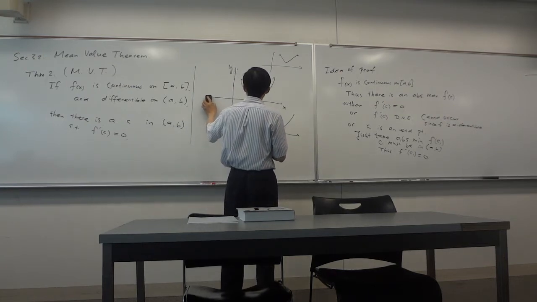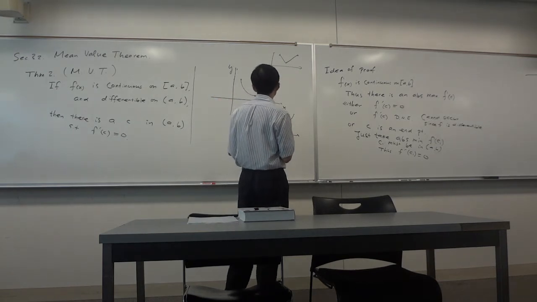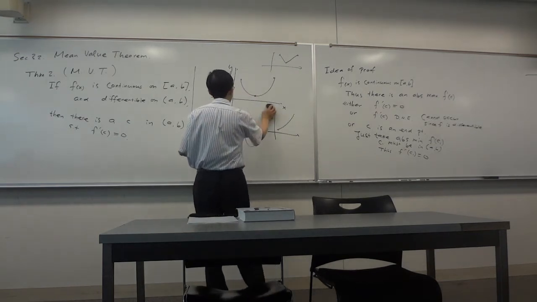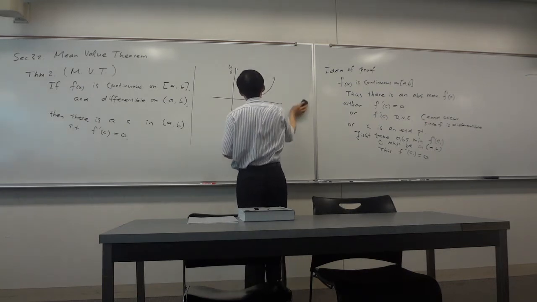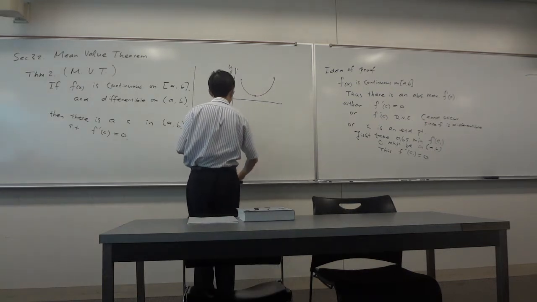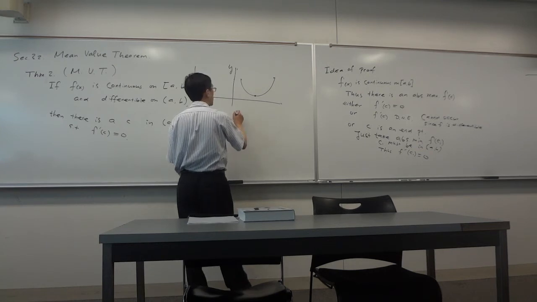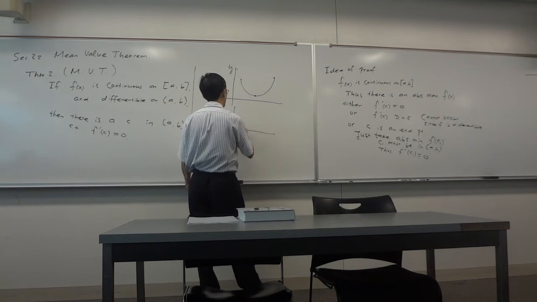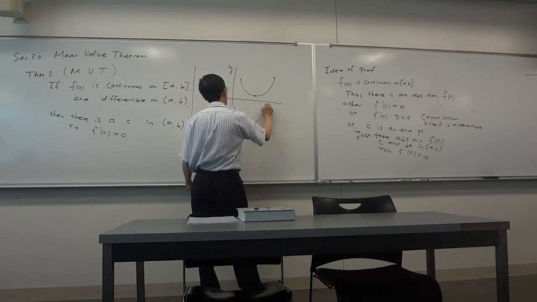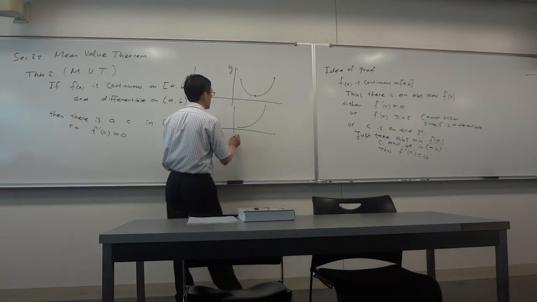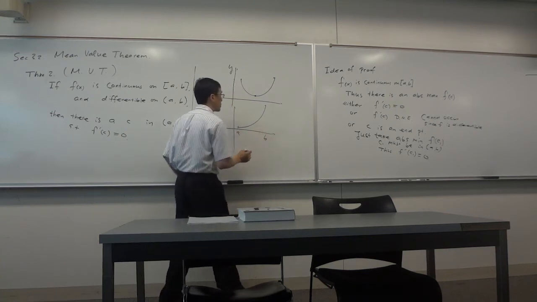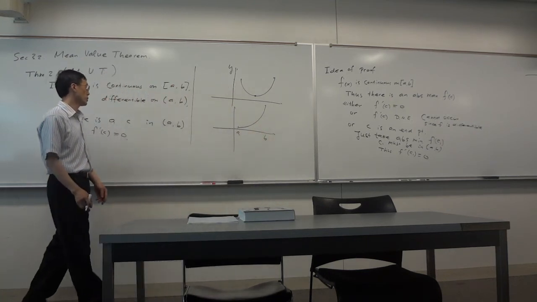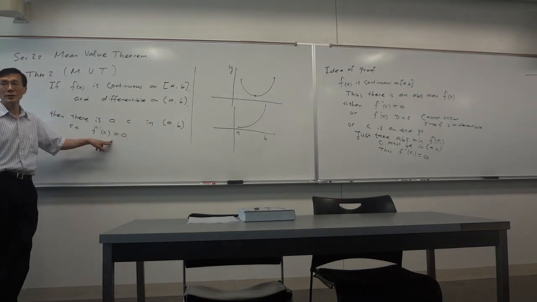So instead of this picture, you would like to have a picture like that. Something like this, for example. This is the A, this is the B. I mean, obviously, you can no longer expect F prime C to be 0.